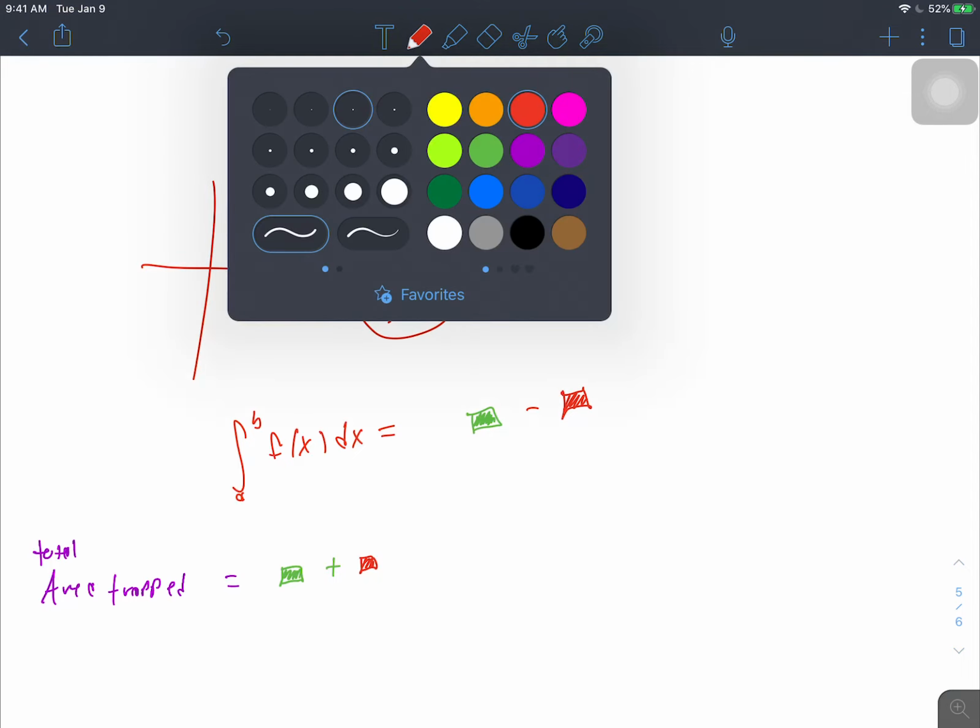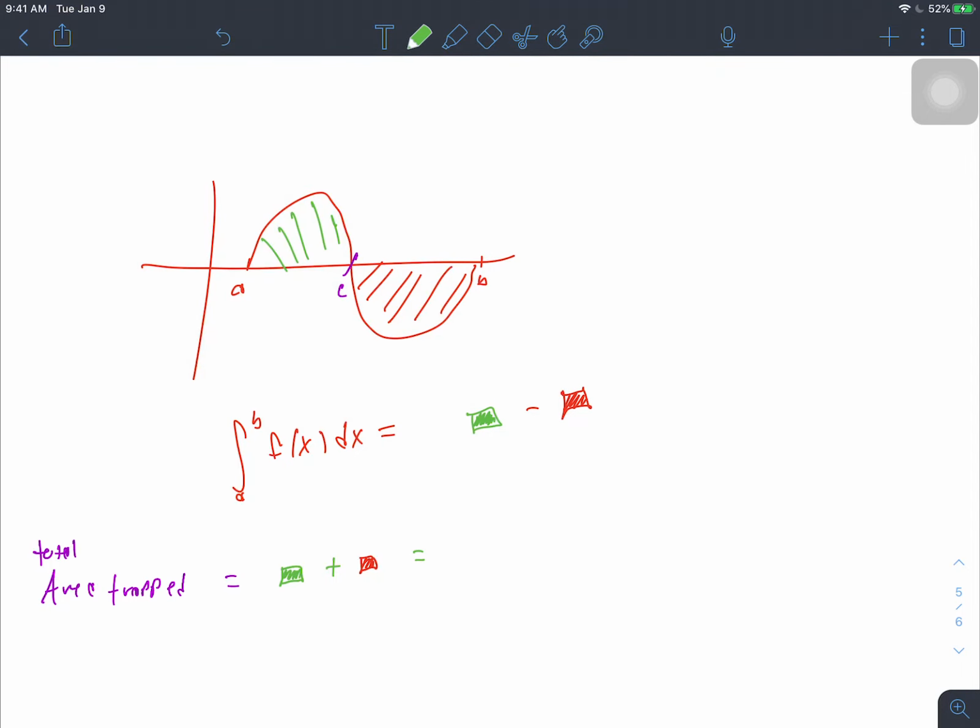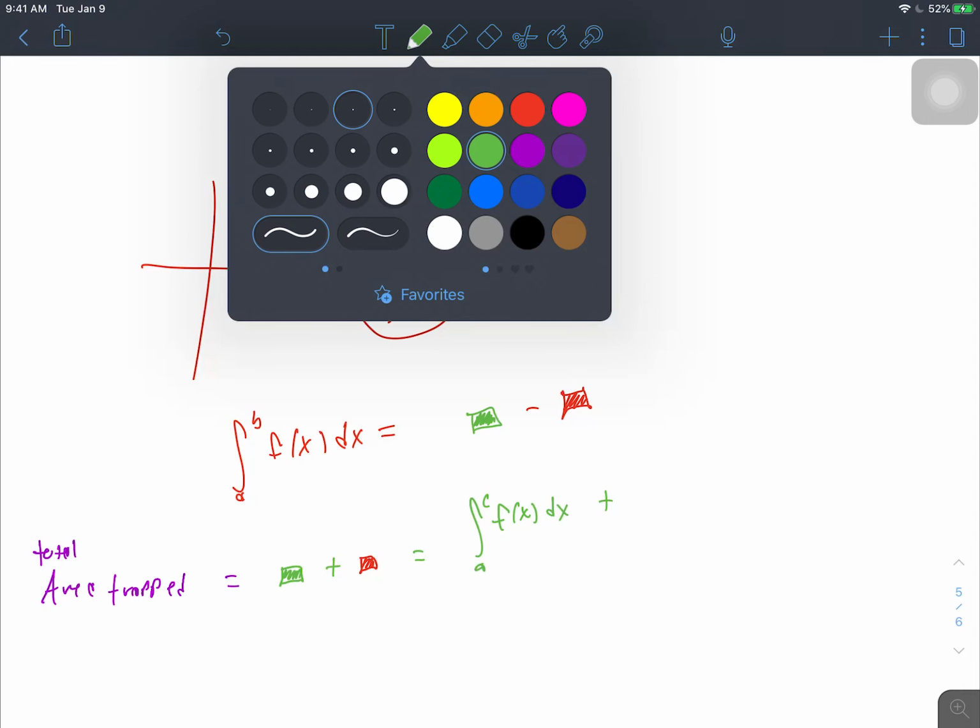Well, we can express the green area as just the integral from a to c of f of x dx.